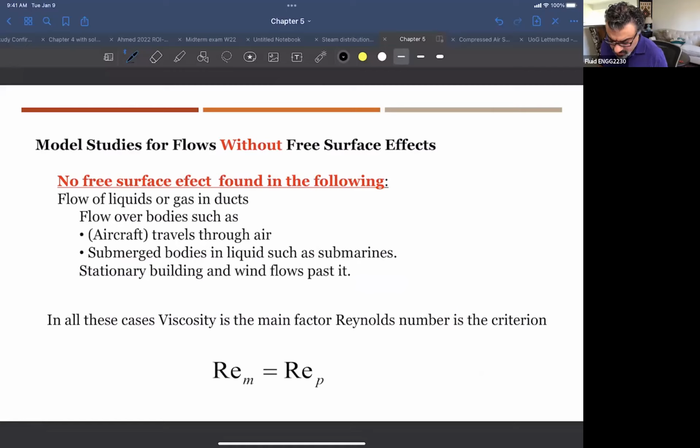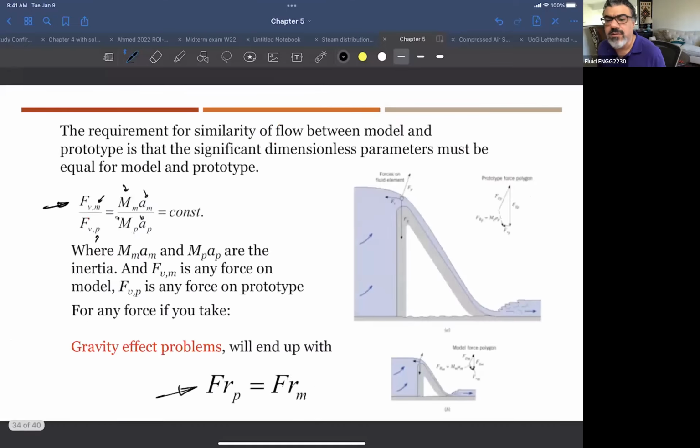As I mentioned, for example, fluid in pipes that has no free surface effect. And what does free surface mean? Anybody remember what free surface is referring to? When we have a free surface, what does it mean?